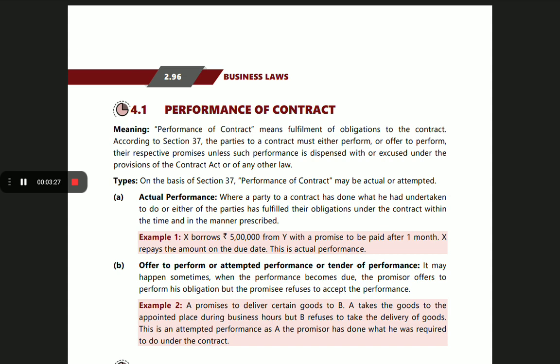Offer to perform, or attempted performance, or tender of performance. It may happen sometimes, when the performance becomes due, that the promisor offers to perform his obligation, but the promisee refuses to accept the performance.